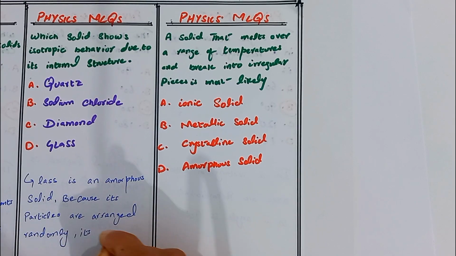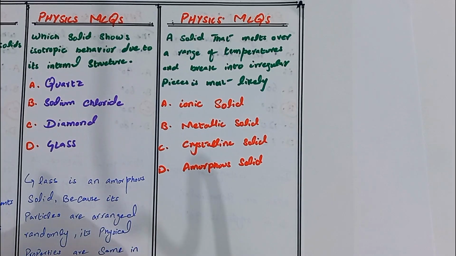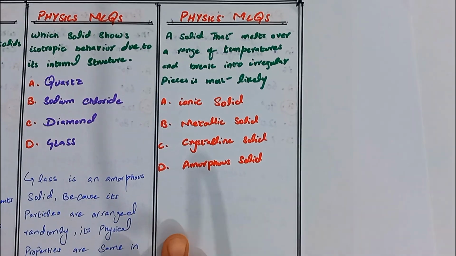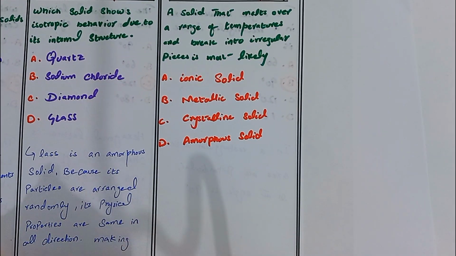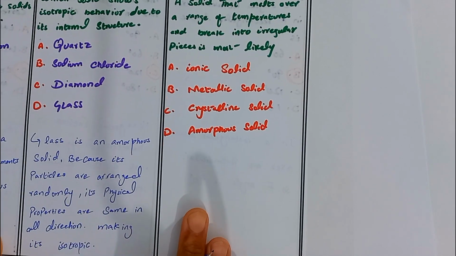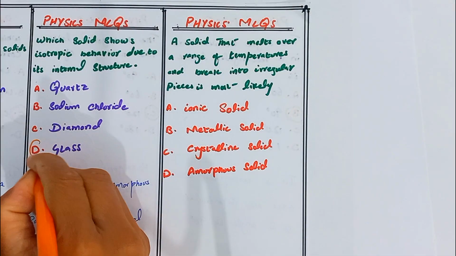Its physical properties are the same in all directions, making it isotropic. So our correct option is option D, glass.